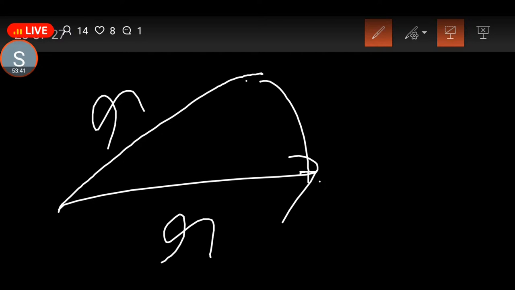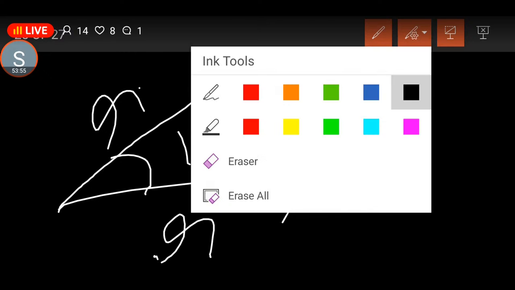You have taken an arc from here to here. This is also r, this is also r, and so theta is 1 radian. This is the definition as in your textbook, as I introduced radian to you.